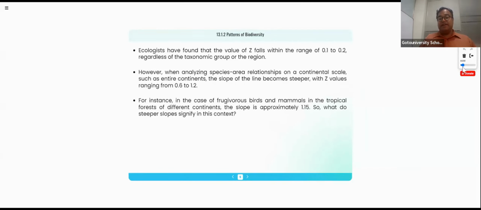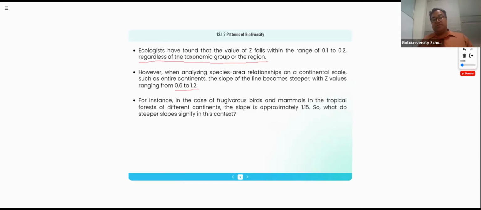So the Z value falls within the range of 0.1 to 0.2, regardless of the taxonomical group of region, right?